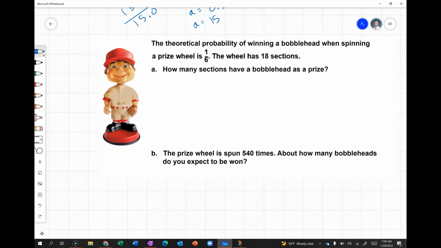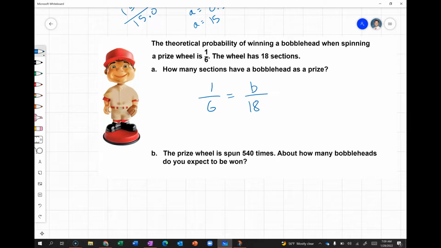Final problem here. The theoretical probability of winning a bobblehead when you spin a prize wheel is 1/6. The wheel has 18 sections. So how many sections have a bobblehead as a prize? So if the theoretical probability is 1/6 and we have a total of 18 sections, we're just solving this proportion here, right?